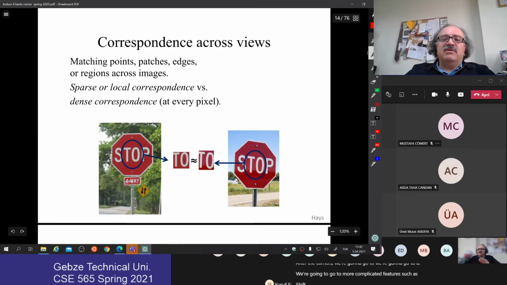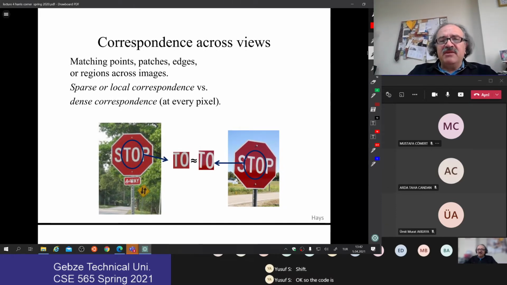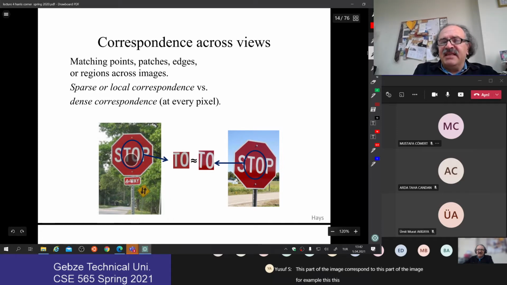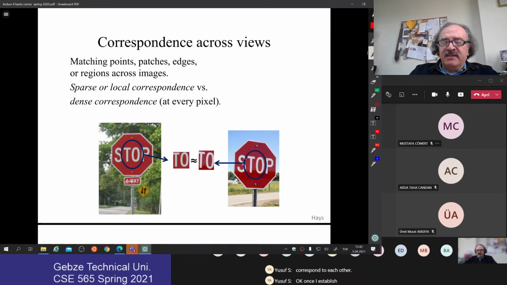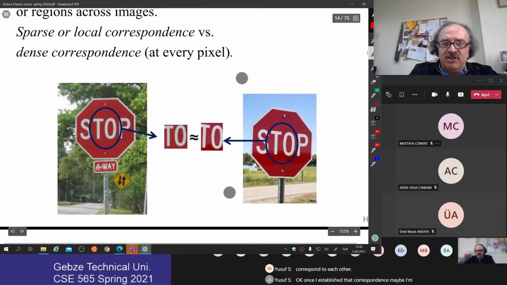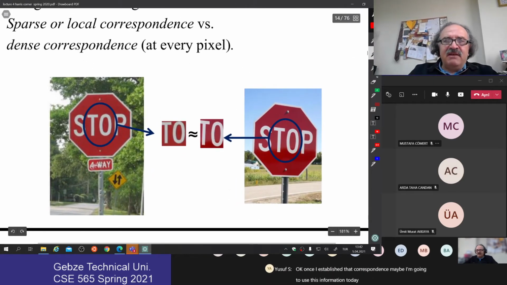Okay, so the correspondence between images is very important. I like to say this part of the image corresponds to this part of the image. For example, these letters STOP, stop and stop, they correspond to each other. Once I establish that correspondence, maybe I am going to use this information to recognize the traffic signs.